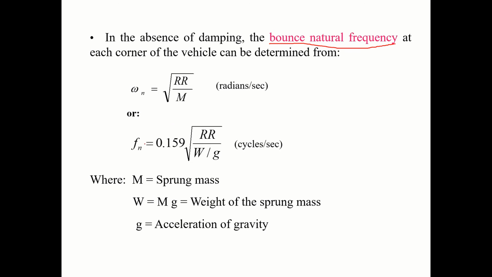The natural frequency can again be written as 1 by 2 pi root of ride rate by W by g. I'm talking about the quarter car; you will consider only that part of it.